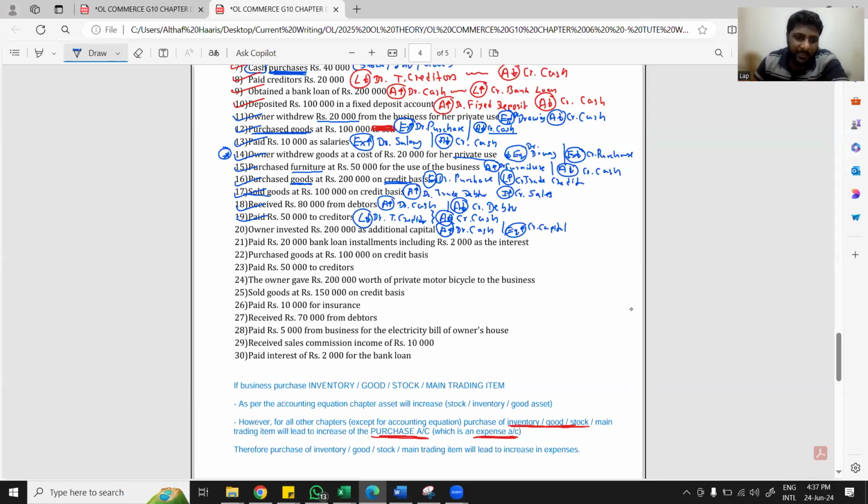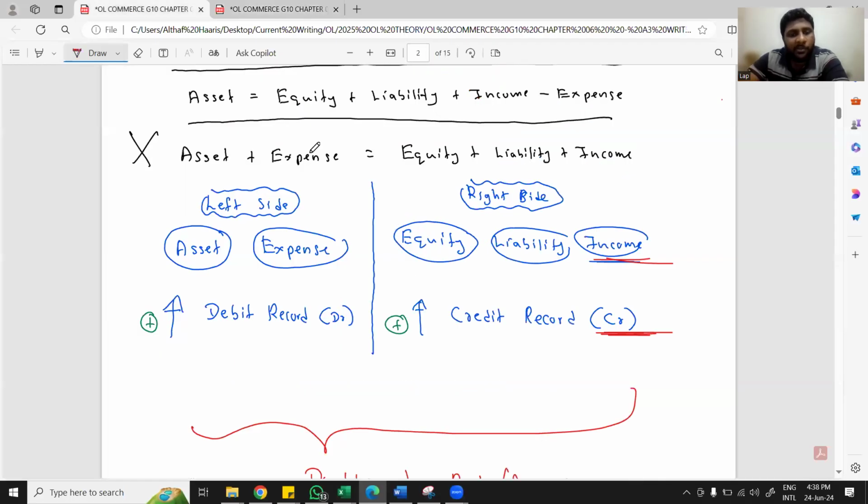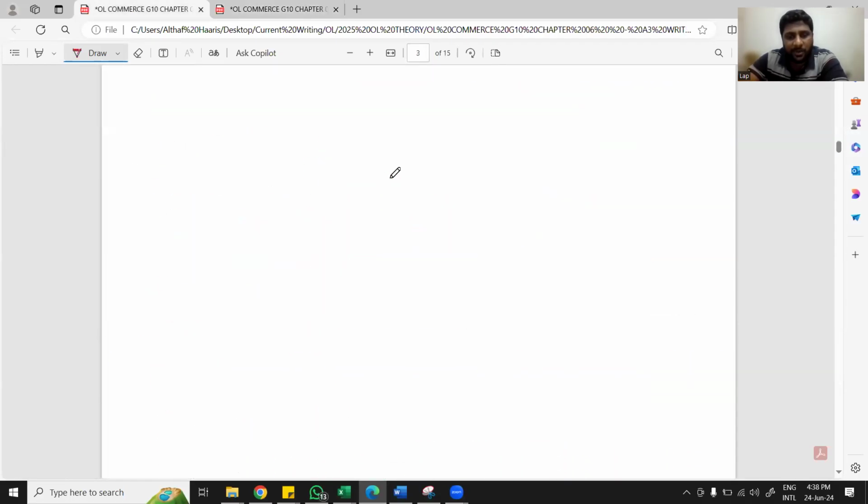So this transaction, when we were learning the accounting equation chapter also, we learned that particular transaction.